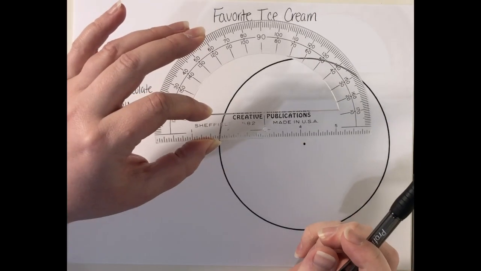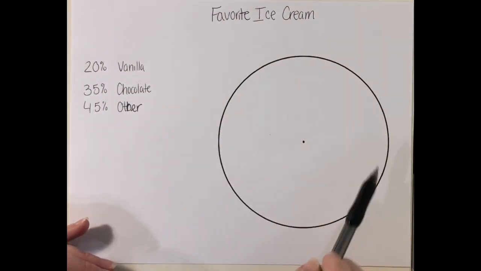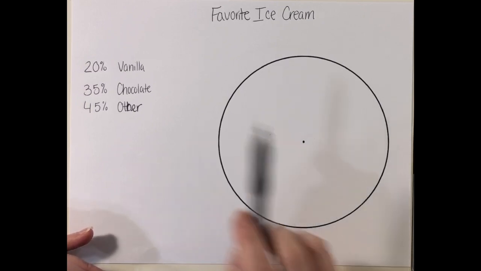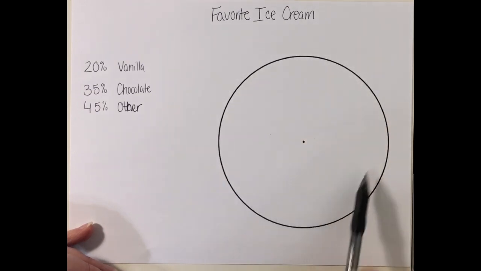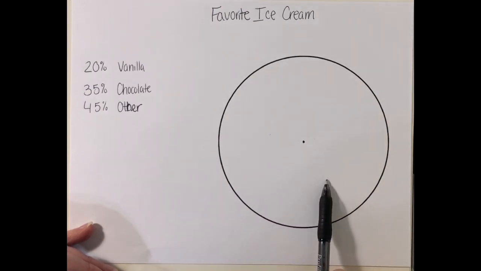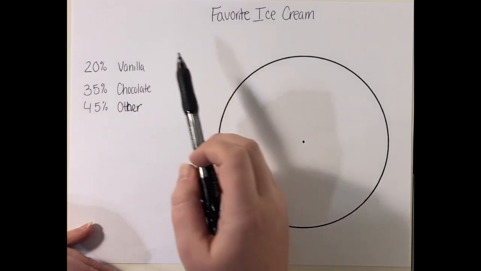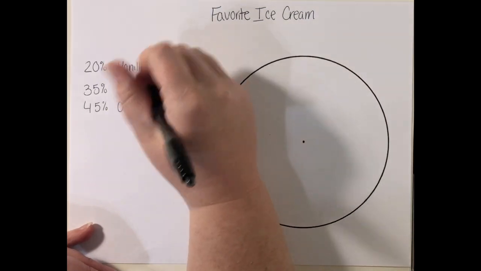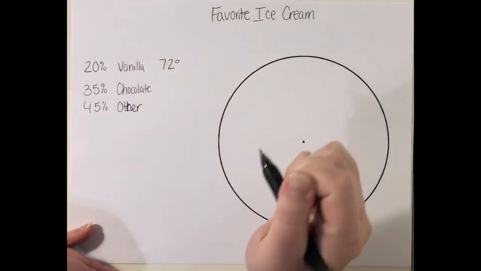So if I'm using a protractor, I don't need percentages. I need degrees in order to measure. So what I would do is find 20% of the whole circle, which is 360 degrees. 20% of 360, we actually already did previously in this presentation, and it is 72 degrees.